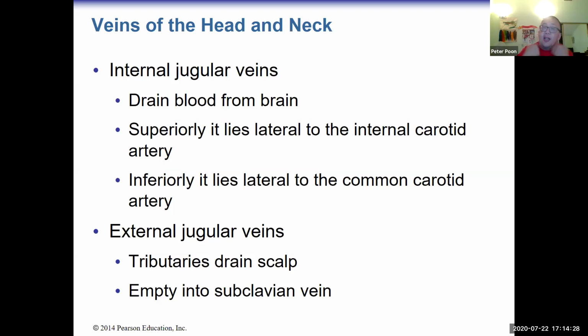Just like the external carotid supplies the blood to the scalp, and the internal carotid supplies the blood to the brain. The internal jugulars match up with the internal carotids. The external jugulars match up with the external carotid. It's not a perfect match, but close enough for you guys.